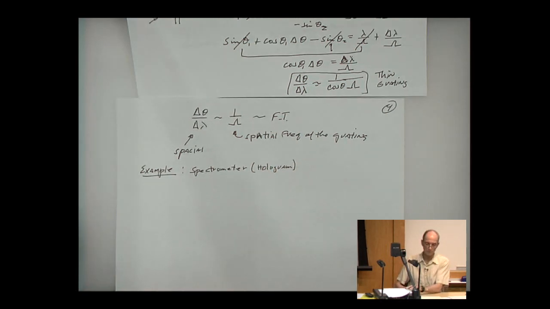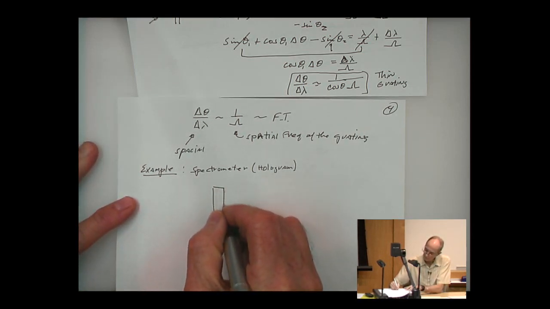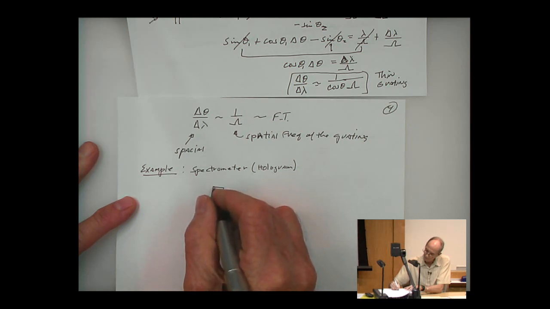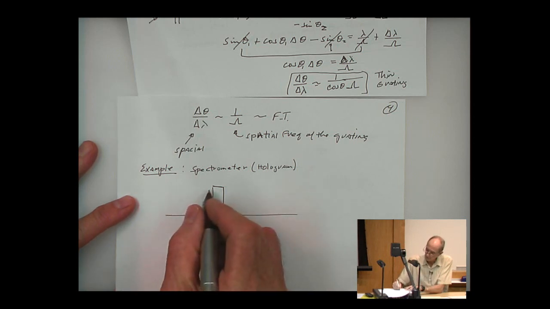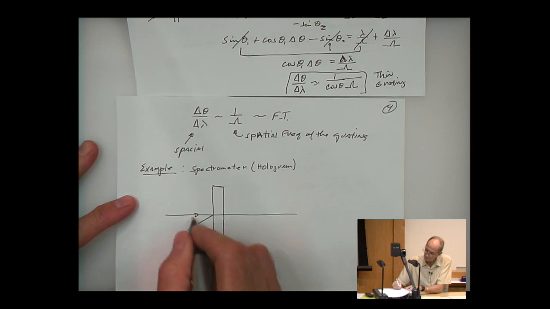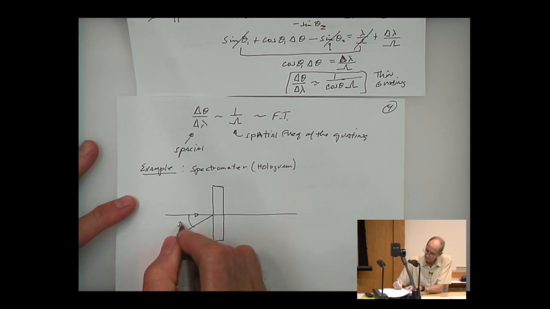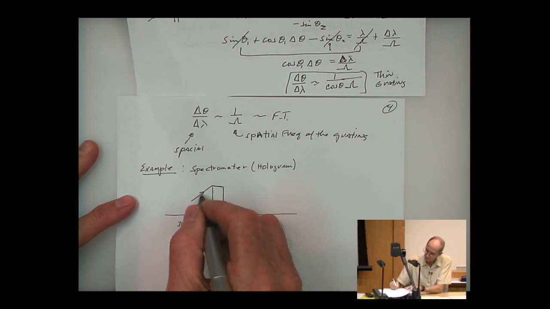All right, so here again we have a hologram like so. We'll draw our optical axis like that. And we'll have a hologram that has, say, 0 degrees and 30 degrees. So we're going to illuminate this, again, off axis like so.